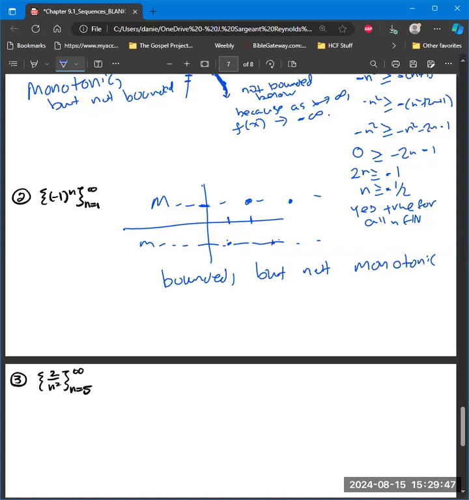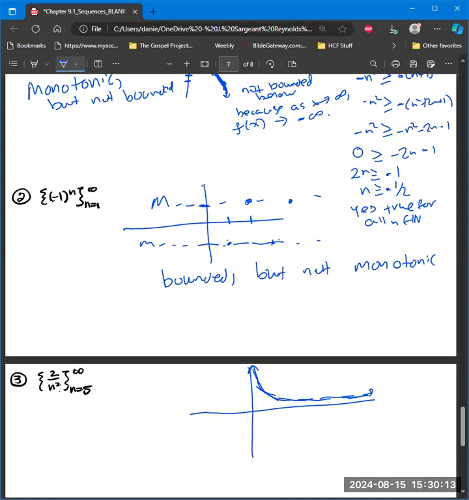So we need to be both bounded and monotonic to ensure that we have a convergent sequence here. So let's look at 2 over n squared. That's going to be something that looks like this, because we're only dealing with the right-hand side here, where we're dealing with natural numbers.